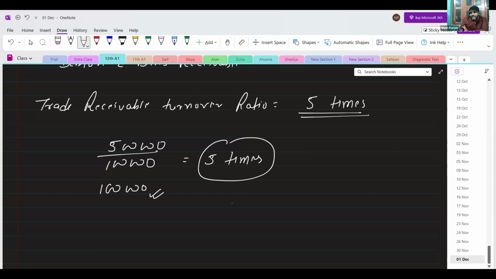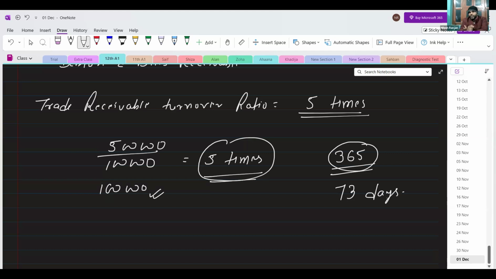Now if in any year the time period I'm taking is 365, or we can take 360 also, and the trade receivable turnover ratio is 5 times, meaning 5 conversions in one year, then one conversion takes 73 days. One conversion means we are making a sale on credit and we are collecting the amount.